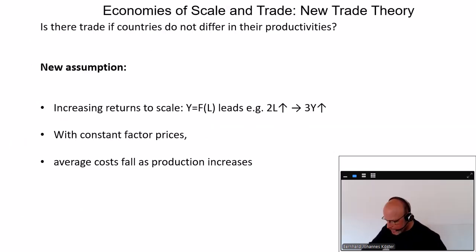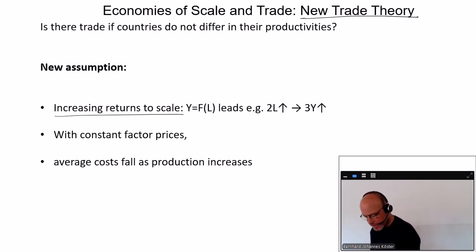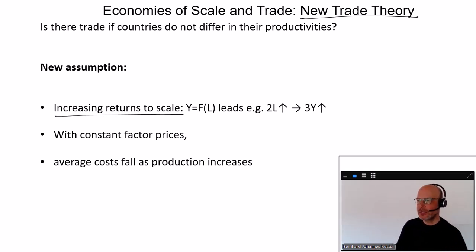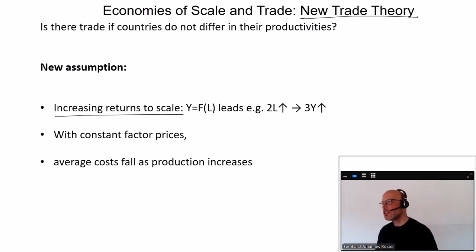Okay, then let's come to this new trade theory. We assume now increasing returns to scale, and remember this example, the production in Wolfsburg is also quite similar to the production situation by Toyota in Japan.